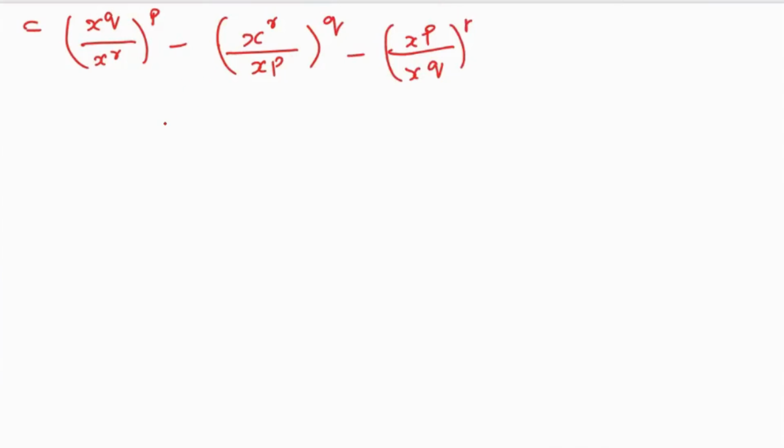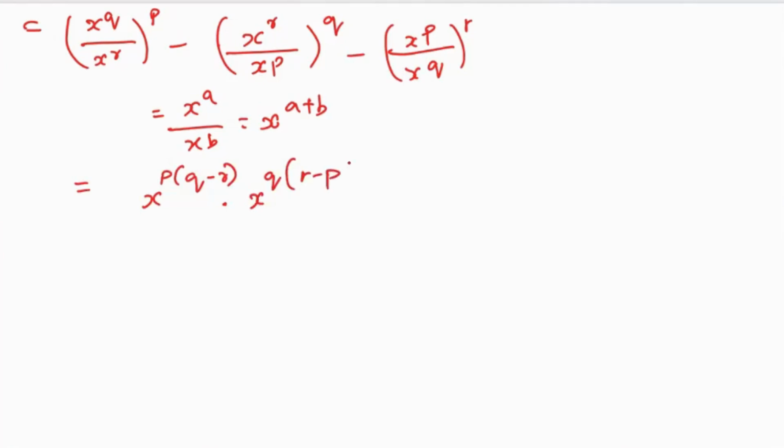Okay, this is the expression. So we can write like this: x raised to p into q minus r, into x raised to q into r minus p, into x raised to r into p minus q. We can write like this.